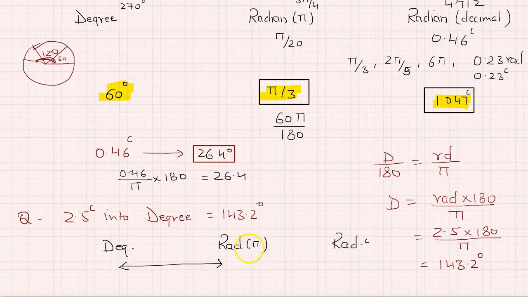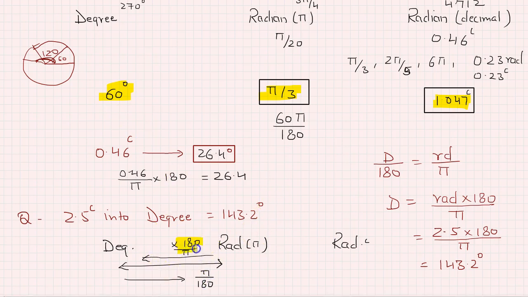If we have a radian and we want to convert it to degree, the simple method is to multiply that radian by 180 and divide it by pi. If you have to convert degree into radian, you divide it by 180 and multiply by pi.